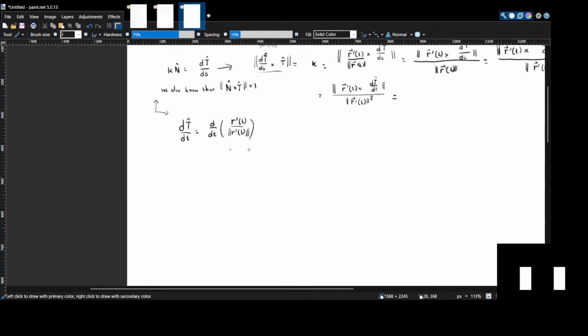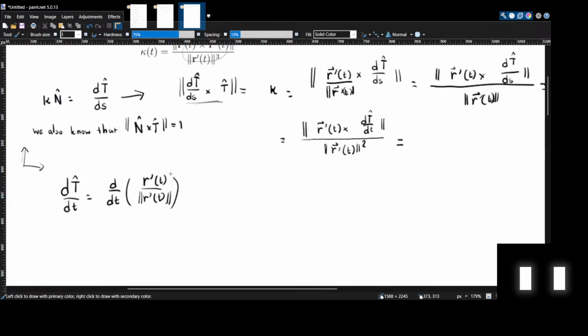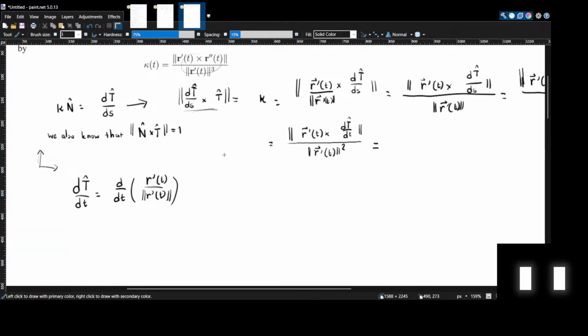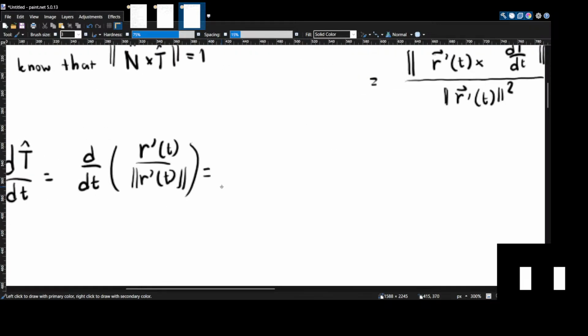Okay, which as you can see is a bit of a problem because now we're going to have two terms instead of one term that is just r double prime. Fortunately, it won't be a problem because it turns out to be a cross product. So let me do the thing.